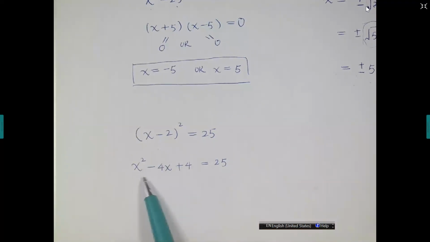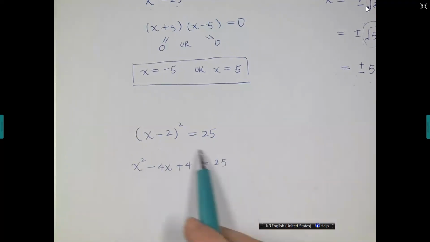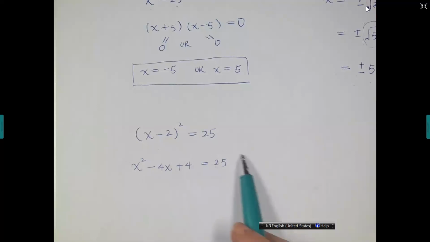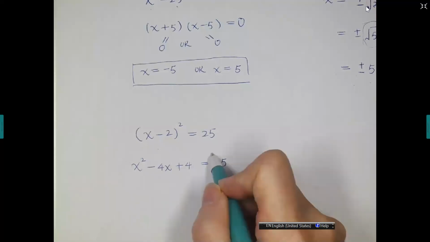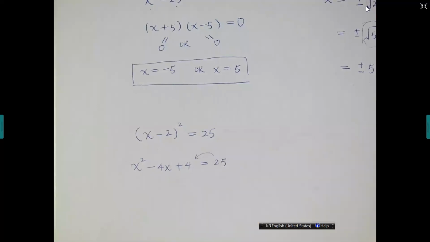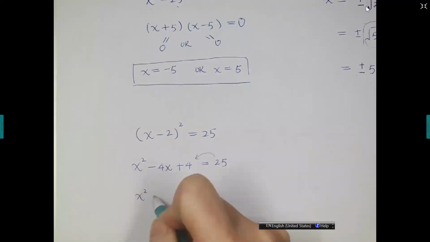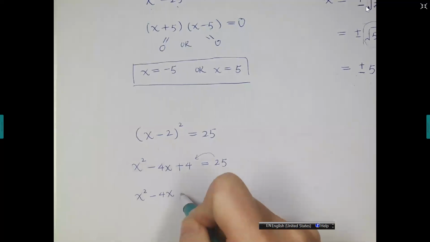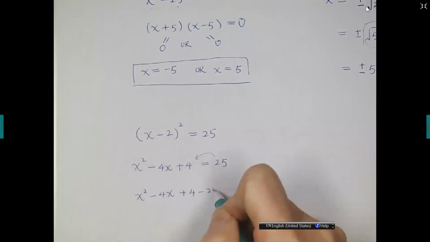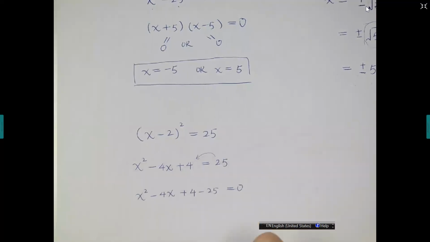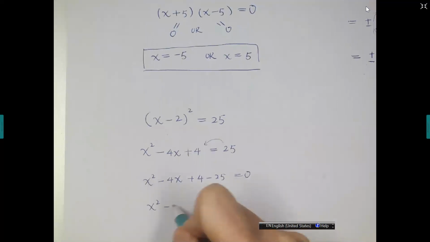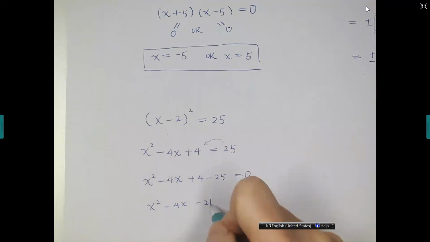Then what I do next, so this is one typical quadratic equation, I want to say 0 on the right. Then I will move 25 to the left. Then the equation turns into x squared minus 4x plus 4 minus 25 equals 0. Then combine like terms: x squared minus 4x minus 21 equals 0.